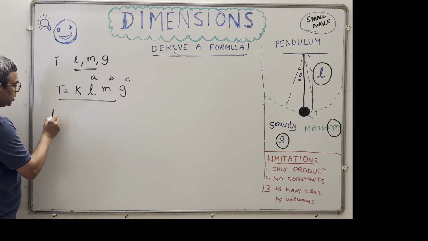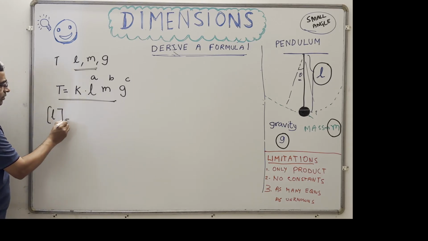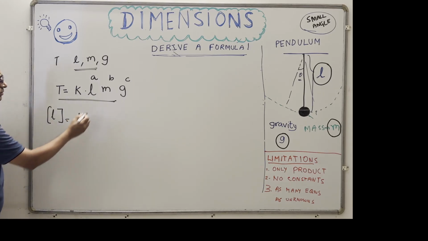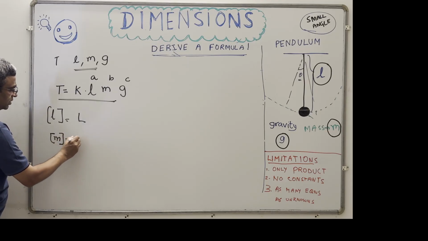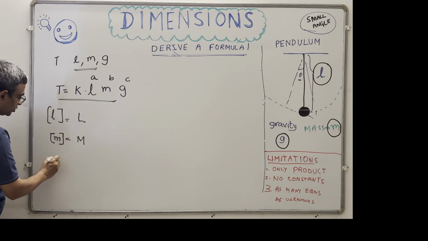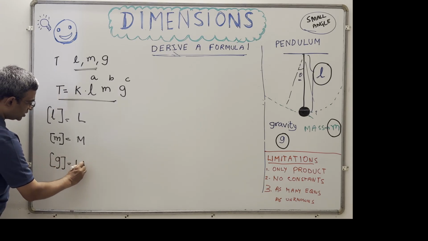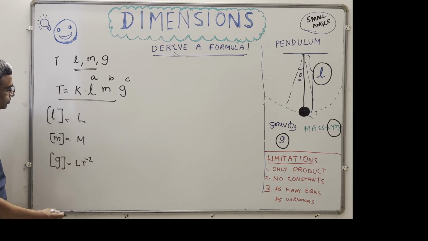So what are the dimensions of L? Length. Dimensions of mass, m. Dimensions of g, L t power minus 2.